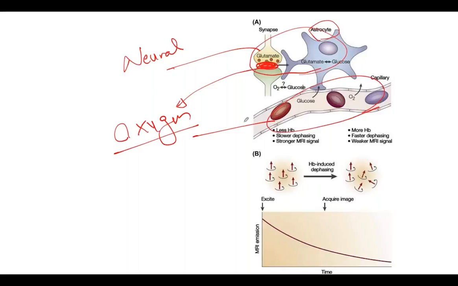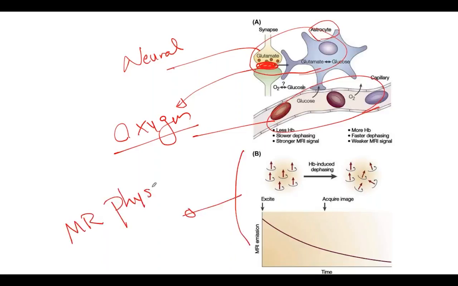It is a really good proxy measure for neuronal activity. So the signal that we have is close to what we have in terms of neural activities.